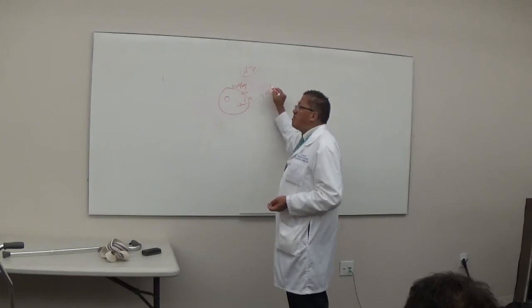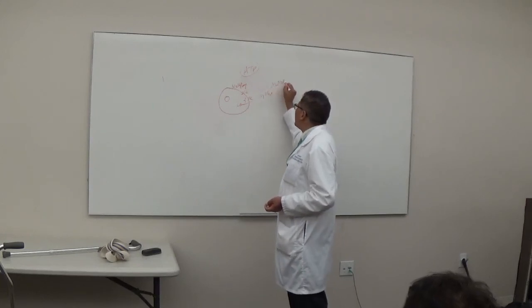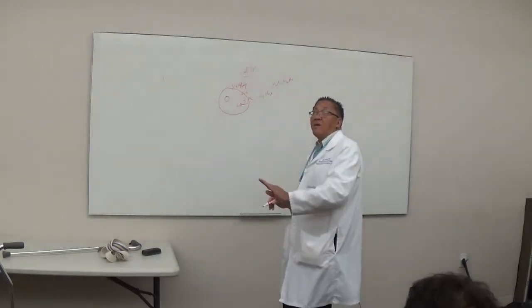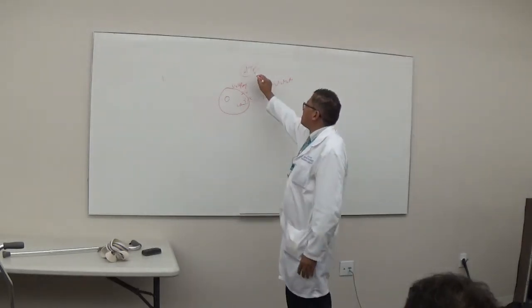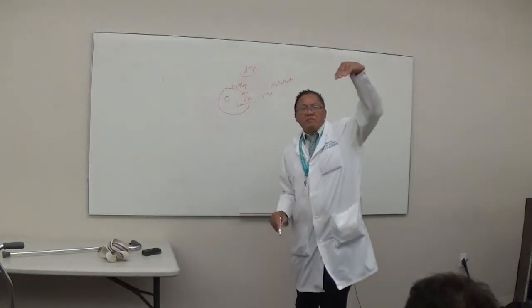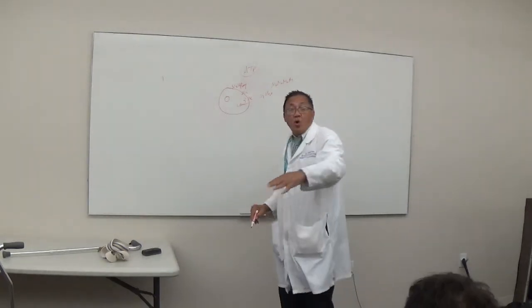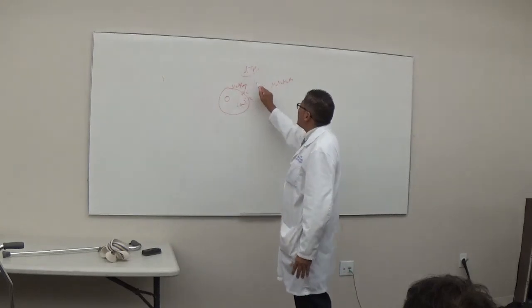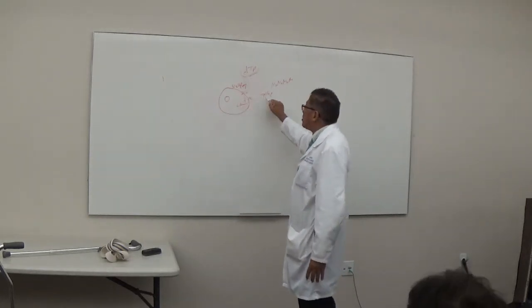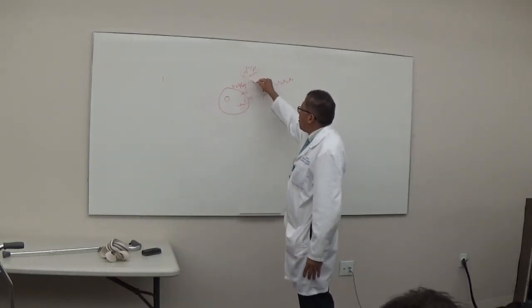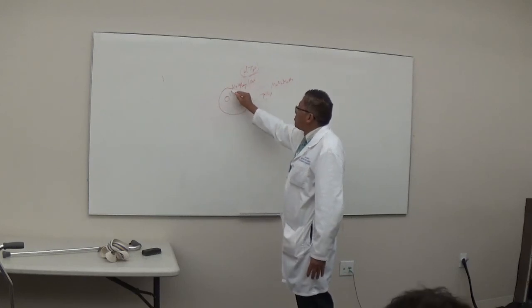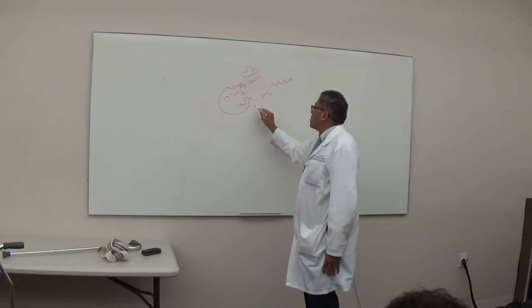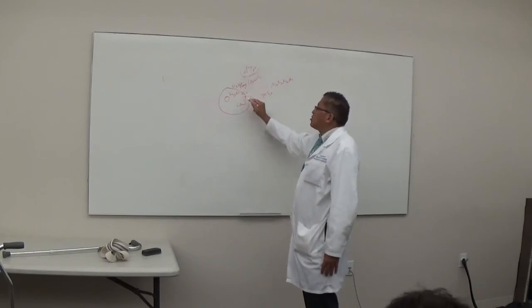So there will always be more sodium outside than inside. That's why it's from low to high. Like climbing a mountain, that's why you need what? What about diffusion? From high to low, no need for energy. But this is what? Going up, you need energy. For sodium. What about potassium? Low to high. You have more potassium inside than outside, from low to high. 3 sodium going out, 2 potassium going in.